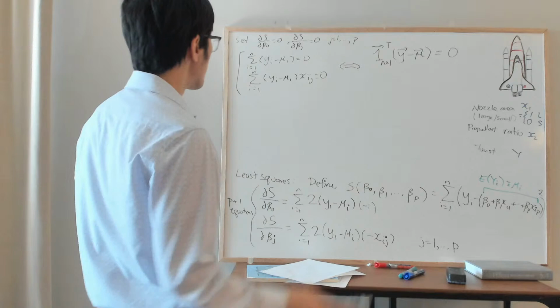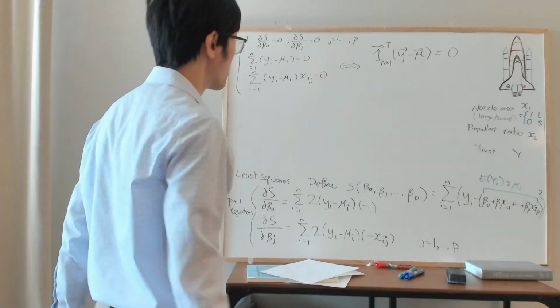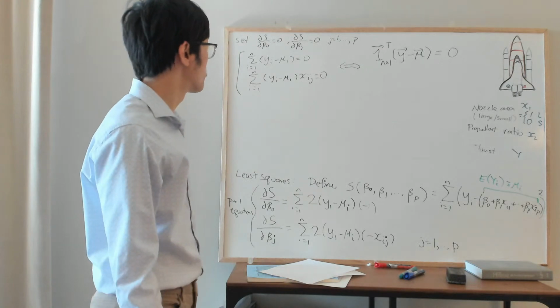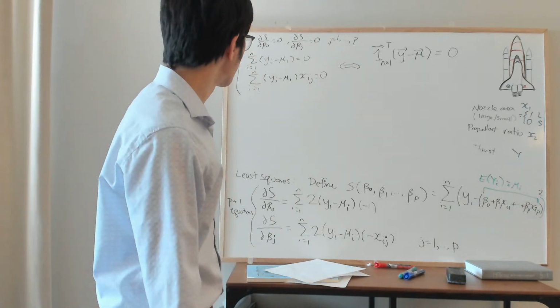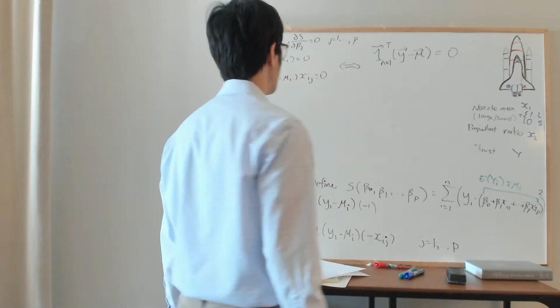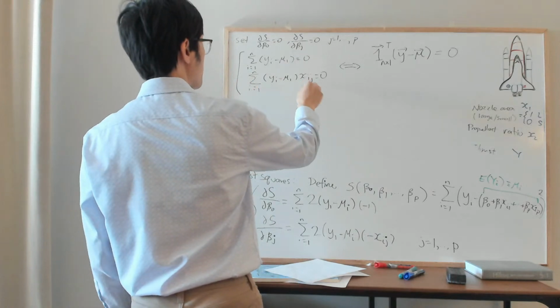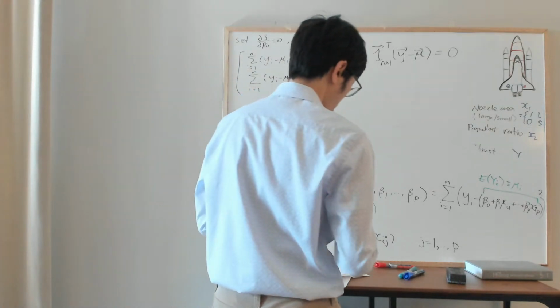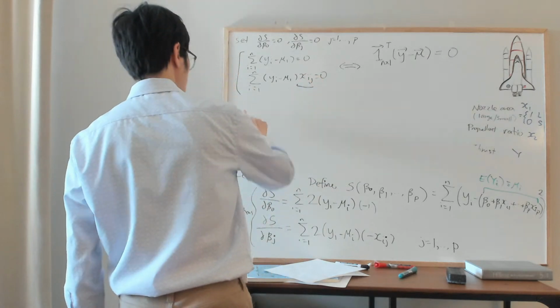And we can do a similar thing for the second equation. We can rewrite that as a dot product as well. So let's remind ourselves where this x part comes in. Remember, our x matrix looks like this.